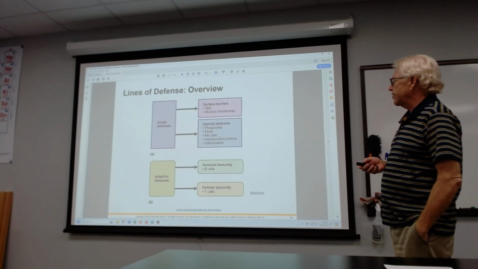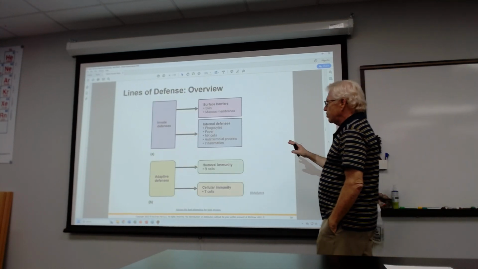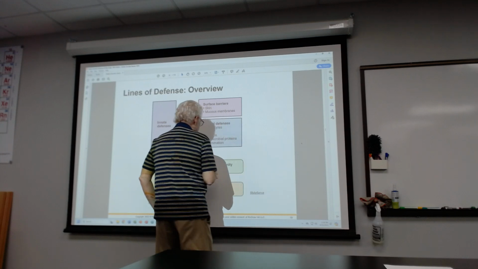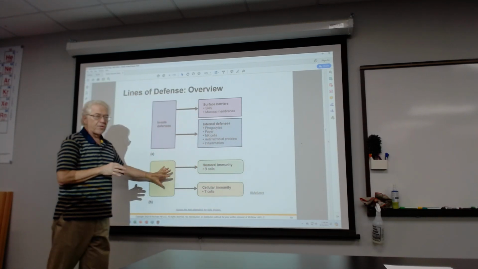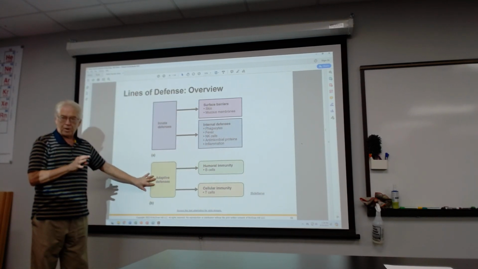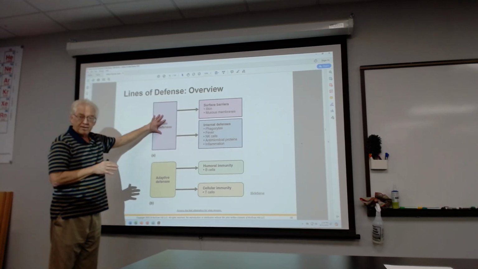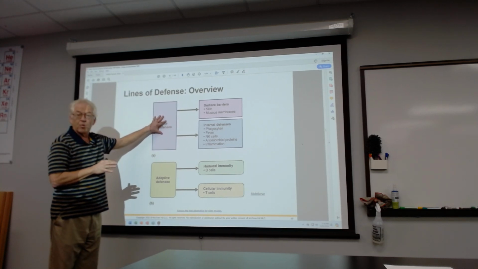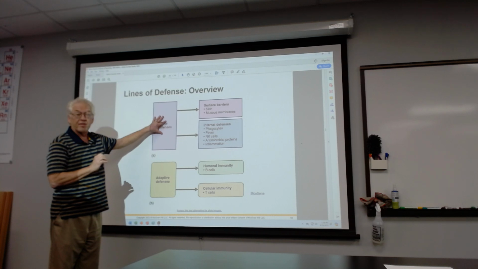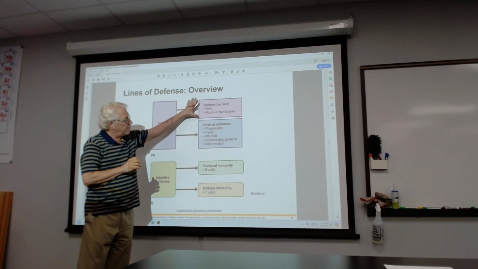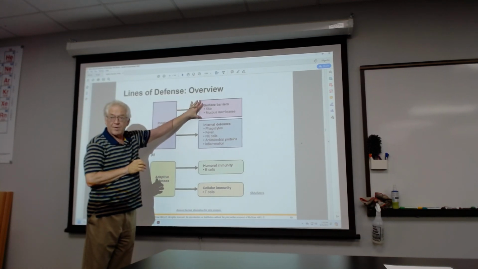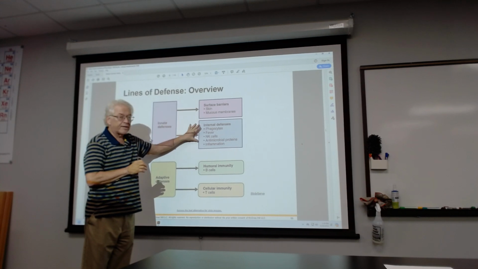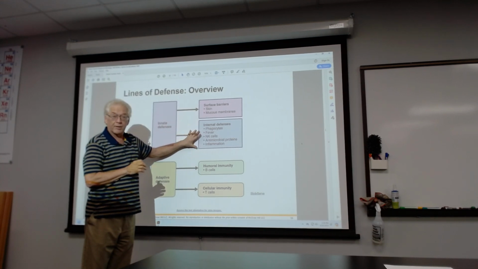So, B cell and T cell training. We do need to make sure that we understand that it's part of the third line of defense. Quick review. The innate defenses, the ones you're born with, the ones that are non-specific, they don't care who the bad guy is. First line, stop them from coming in. Second line, stop them from spreading.